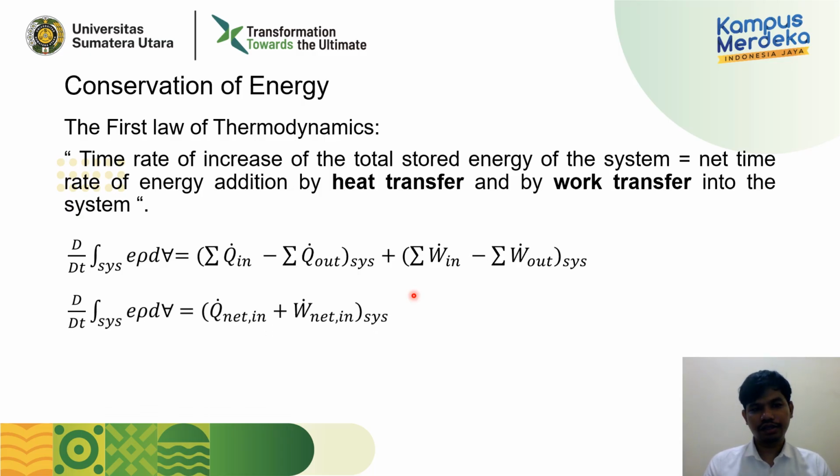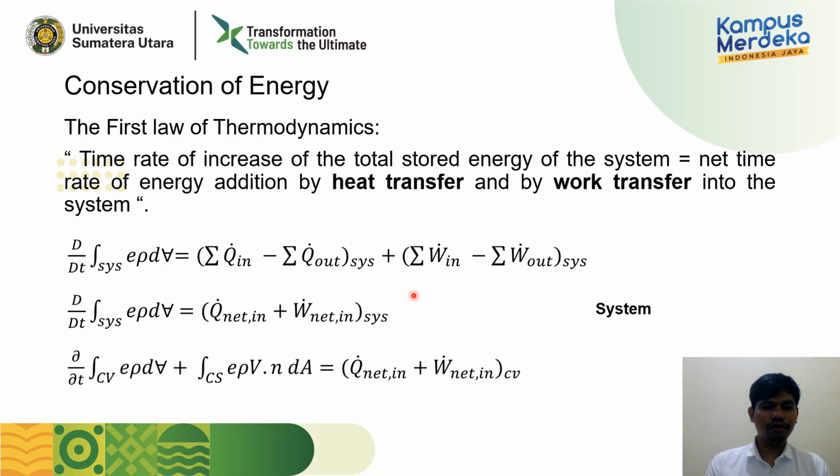And like conservation of mass and momentum, we need to change the framework from the system framework into the control volume framework. So these equations will be like this. We have the control volume, so the time rate of the energy inside the control volume, and the control surface, and then we have heat transfer and work transfer.